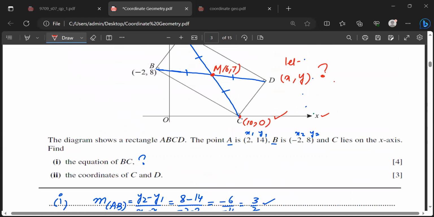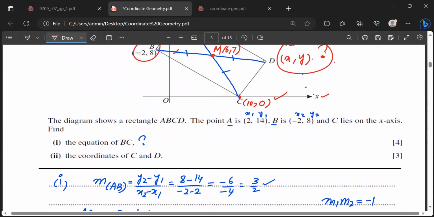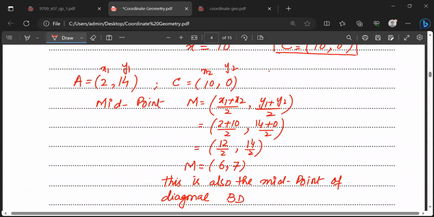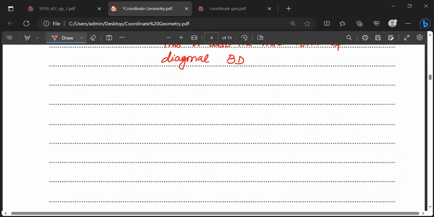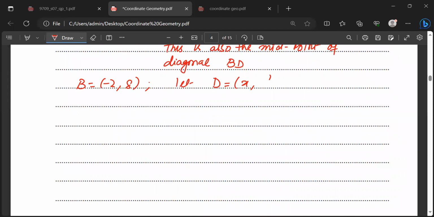Using the formula, B is minus 2, 8, the question mark is D, x comma y, and the midpoint is 6 comma 7.